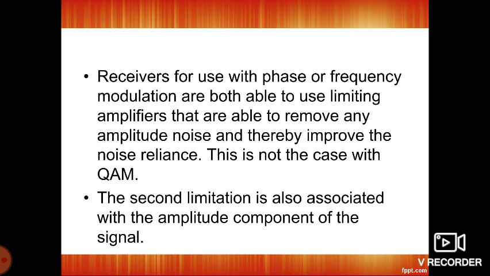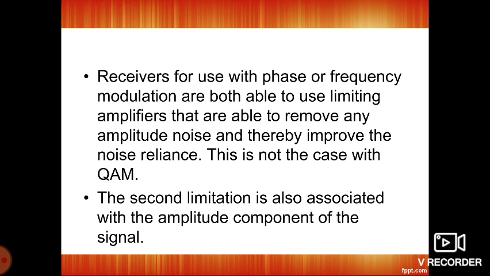Receivers for frequency and phase modulation have limiters in their amplifiers, so they are able to remove any amplitude noise and thereby improve noise resilience. This is not the case with QAM.